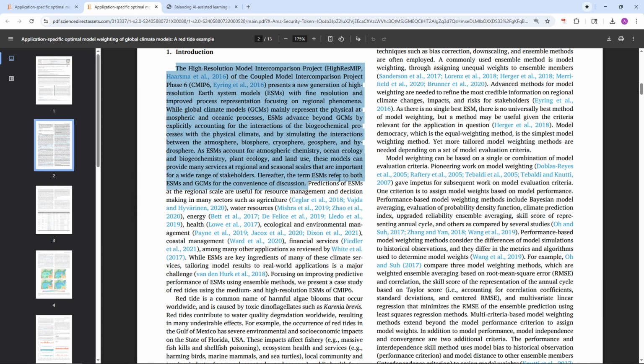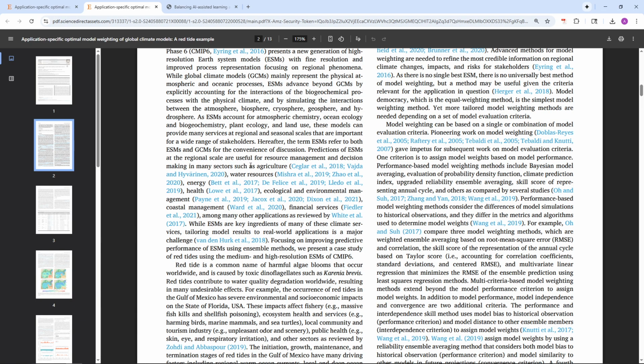I talked about this here, and this enables some regional applications, such as agriculture, and I provide a few citations. Water resources, I provide a few examples. Energy, health, ecology, coastal management, financial service. So now you see, I provided the applications at regional scale that this new generation improves.